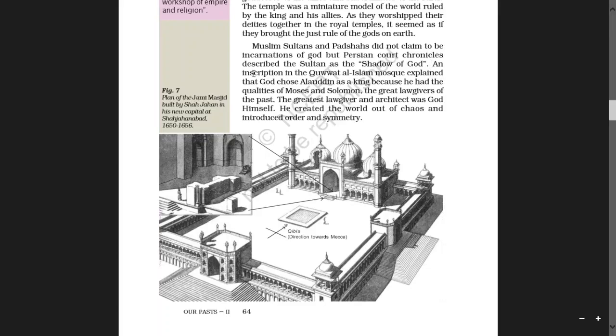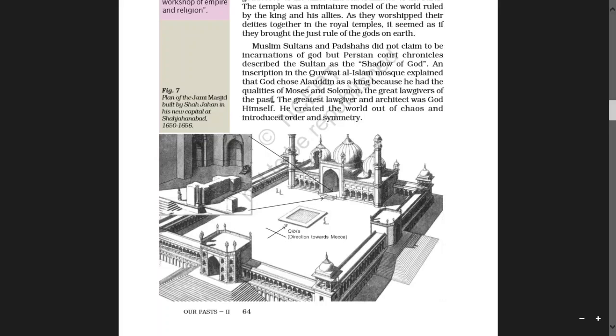An inscription in Delhi mosques explains that God chose Aladdin as a king because he had the qualities of Moses and Solomon, the great lawgivers of the past.